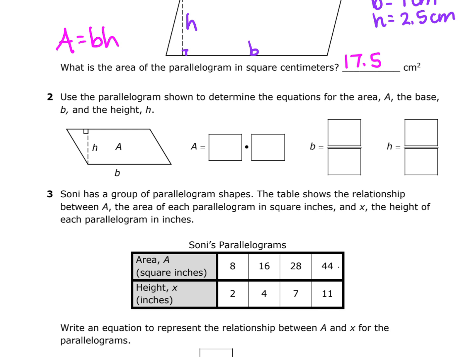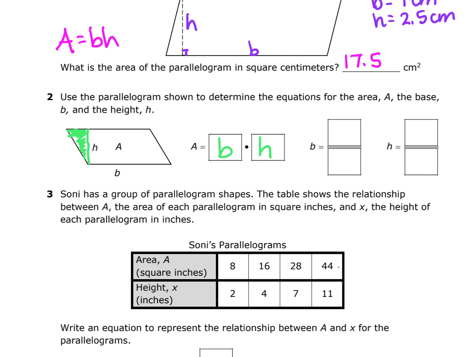The reason the area formula for a rectangle is exactly the same as for a parallelogram is because if I got a pair of scissors and cut right here on my line, the height, took this whole piece off, and taped it over here, it would form a rectangle. That's how you get the area formula. It's the same as doing base times height.